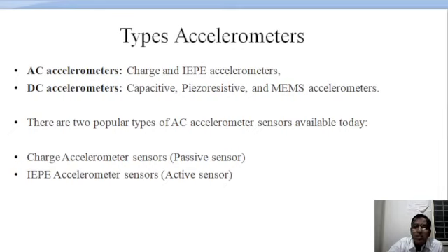We know that sensors are classified as active sensors and passive sensors. Active sensors are those which require an external power source, whereas a passive sensor doesn't require any external power source. We will see the details about these sensors in the coming slides. But one thing you remember, that charge accelerometers are passive sensors, that means they don't require any external power source, whereas IEP sensors require an external power source.